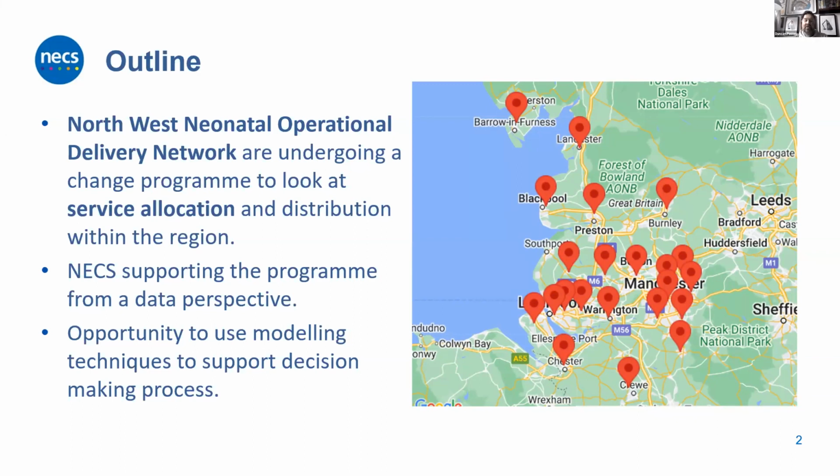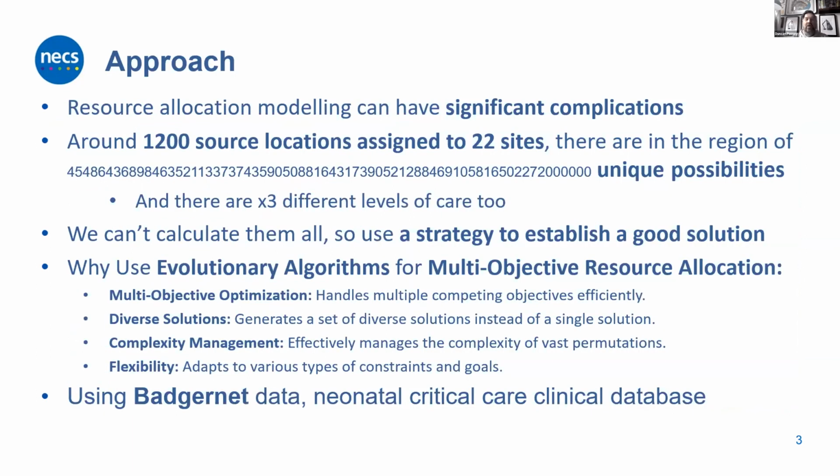So with resource allocation modeling, you can quickly run into a permutations problem whereby when you have a significant number of sites and a significant number of source locations, that acts as a multiplicatory factor.